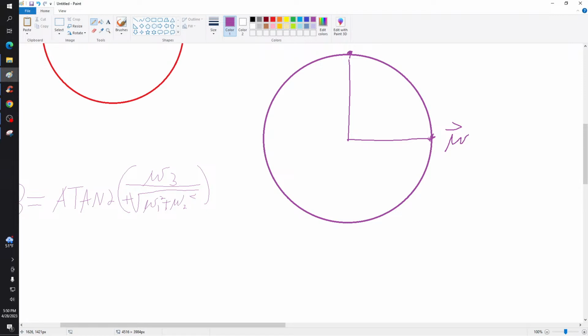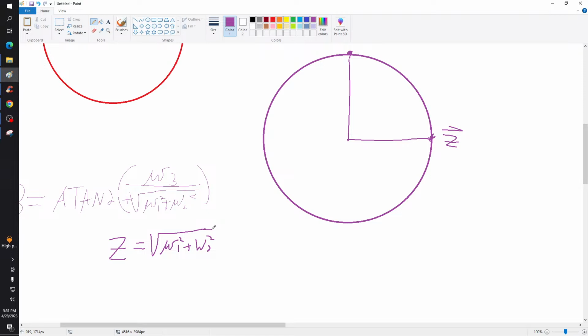Let's call the square root of w1 squared plus w2 squared capital Z, the magnitude.